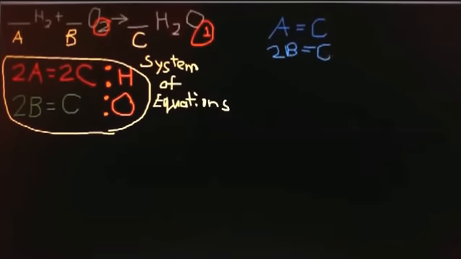Now the next step is to create an equation where all the terms on the left side of the original chemical equation are on one side, and all the terms on the right side of the original chemical equation are on the other side.